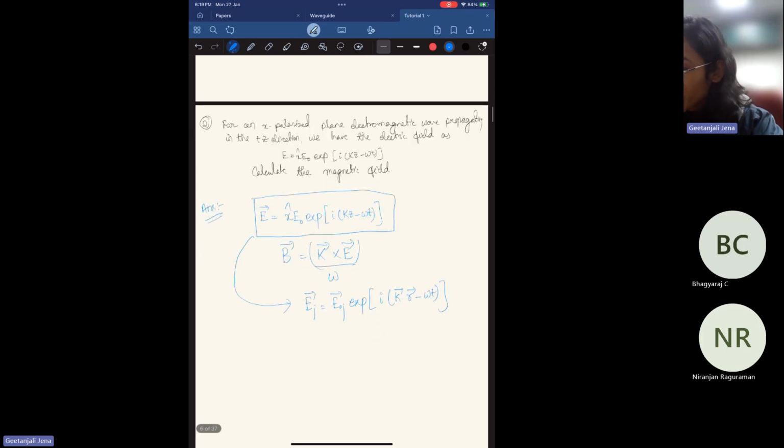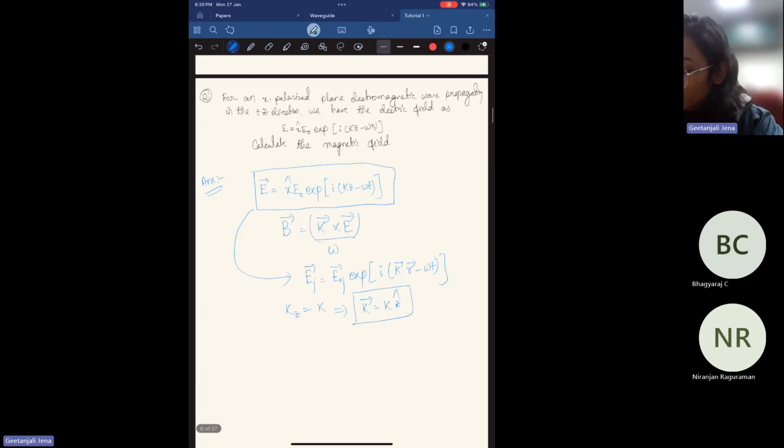If you compare it, we have only the z, the propagation vector k is in the z direction, that is kz, it is equal to k. So that means the k vector here is k z cap, right? So now you know all the forms that you need.